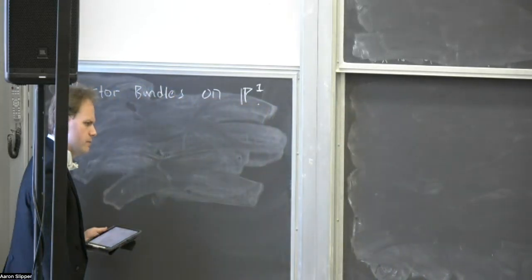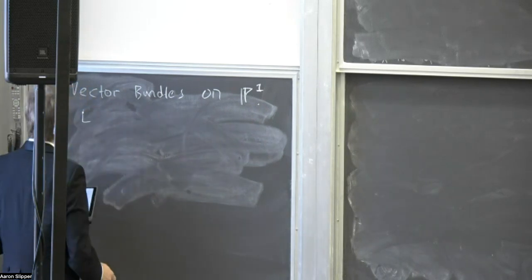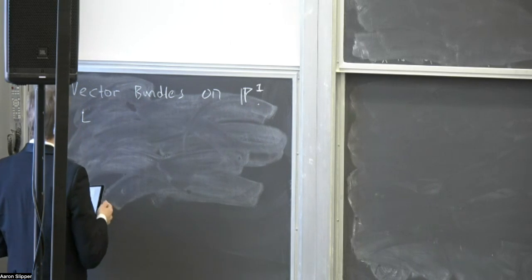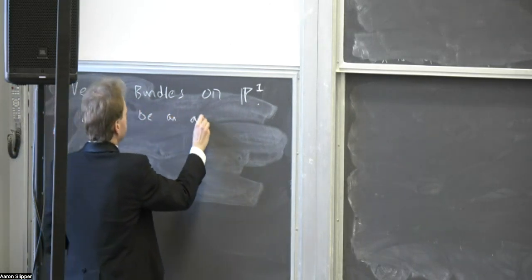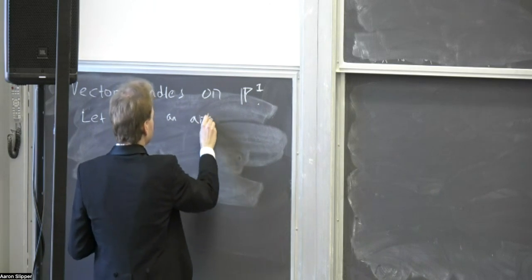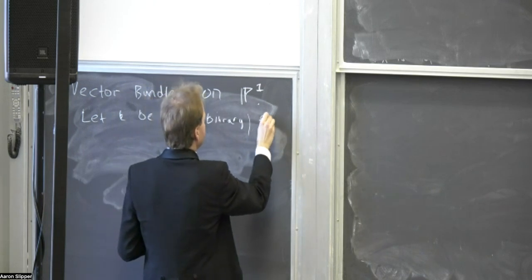It's the first time you see double coset decompositions of the kind that we saw with Mintom's talk, maybe a little less difficult than those. But okay, so let K be an arbitrary field. Maybe later we'll have to make it algebraically closed.